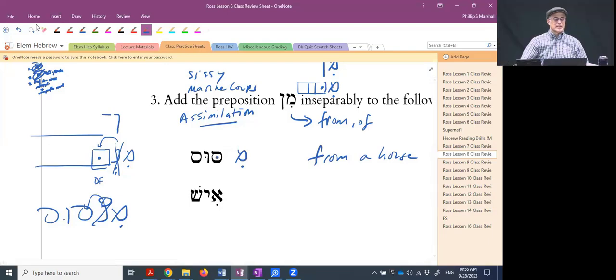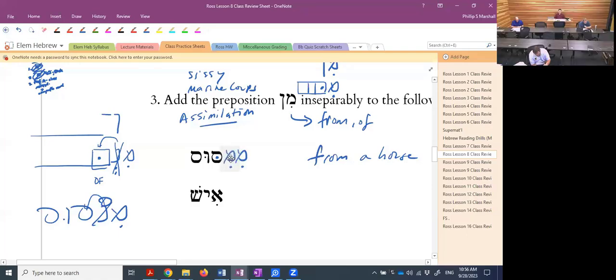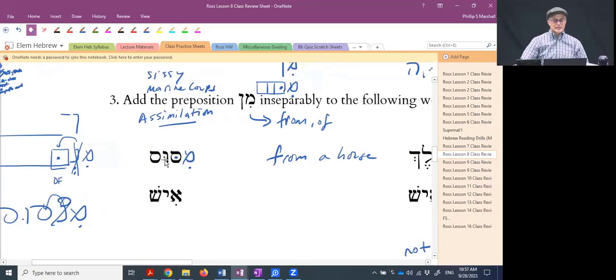With the dagesh forte, right? Or to put it another way, the noon assimilates and becomes a dagesh forte in the consonant to indicate that it's become a doubling of that first consonant. It's become a copy of that first consonant. So min sus becomes missus. The dagesh forte represents the assimilated noon.